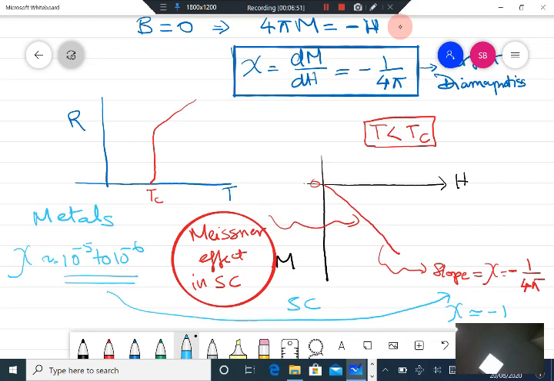It has completely different properties which cannot be explained by a metallic feature of the system. Okay. So from an experimental point of view, if you are ever searching for superconductivity, you have to look for features like this, which is the Meissner effect.